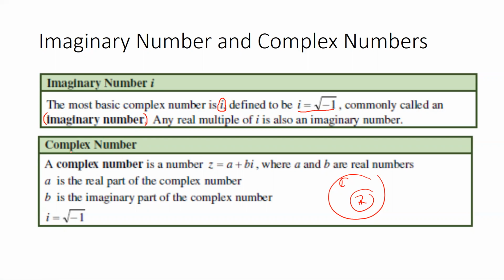It exists, it's just a name folks gave it back in the day. Any real multiple of i is also an imaginary number. Some more examples of imaginary numbers: 2i. That's an example of an imaginary number as well.